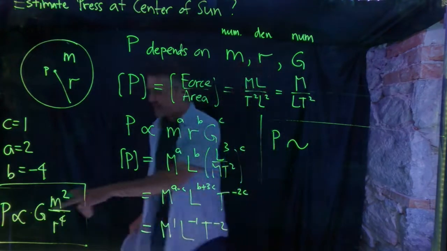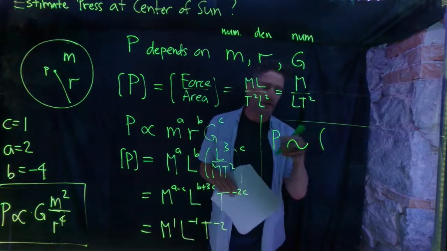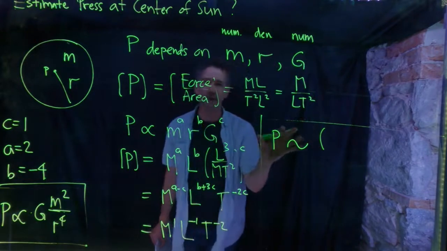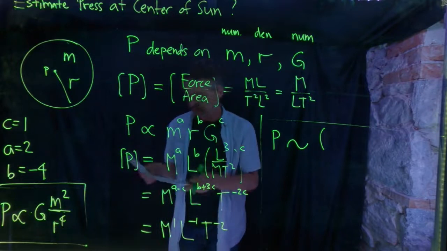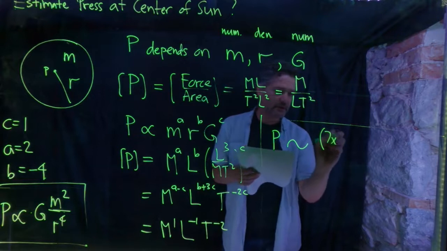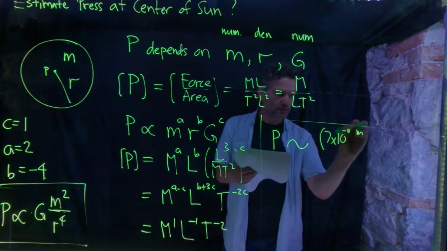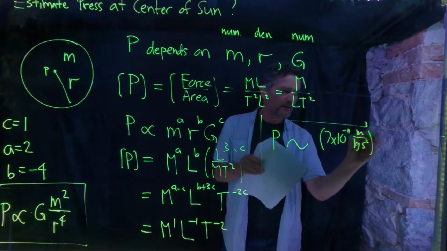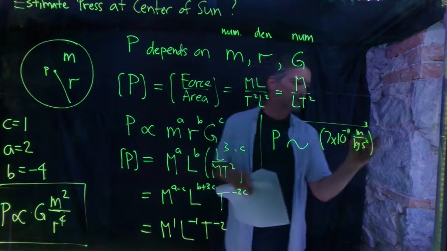So now let's plug in some numbers. So we know what G is. Whenever you're plugging numbers into these things, because you're only interested in powers of 10, at most you use one significant figure. Okay, so Newton's gravitational constant with one significant figure is 7 times 10 to the minus 11, I think, meters cubed over kilogram second squared. And this thing is just to the power of 1 times mass squared.